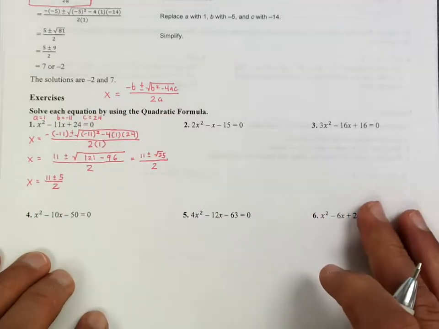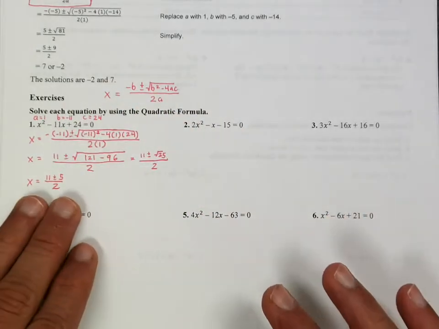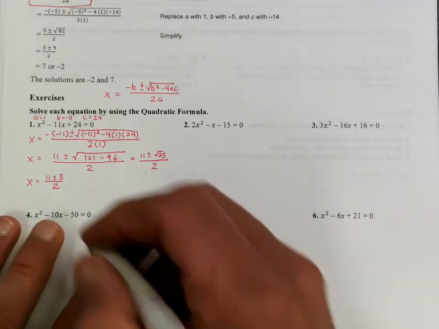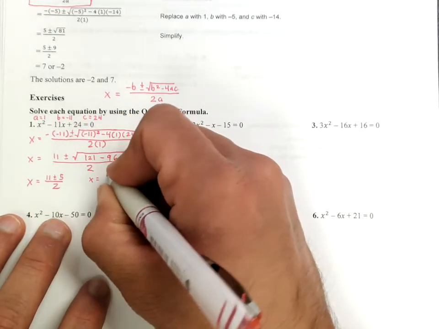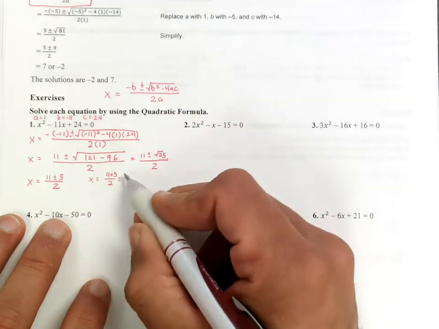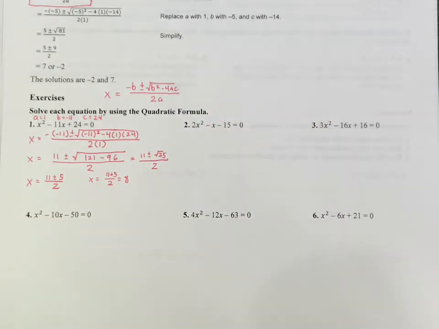Okay, so at that point, a lot of kids normally use all of this correctly, but they mess it up here at the end. Remember, the 11 plus or minus 5, that's actually 2 solutions. So what you can write, one solution is going to be x is equal to 11 plus 5 over 2, which in this case is 16 over 2, which is 8. So that's one answer.